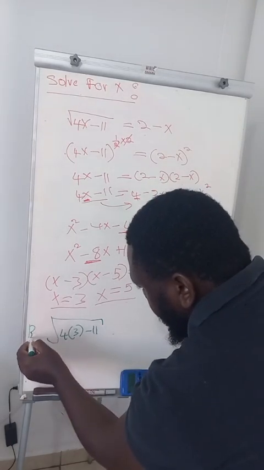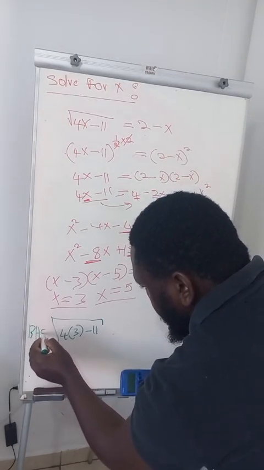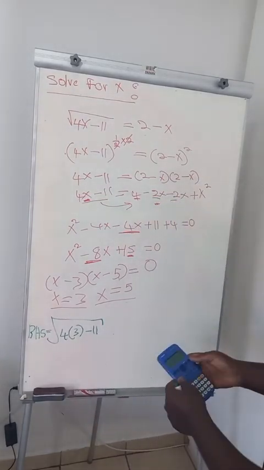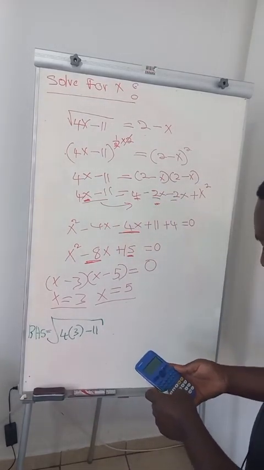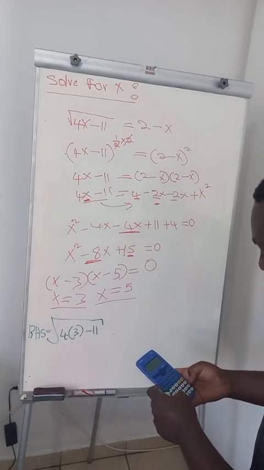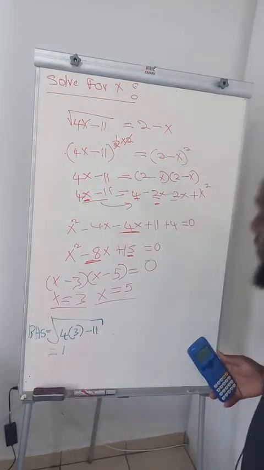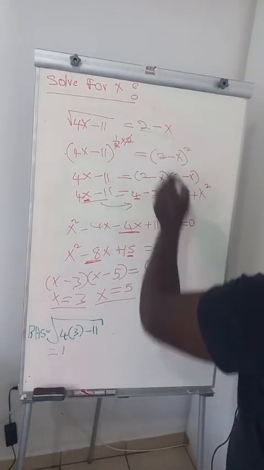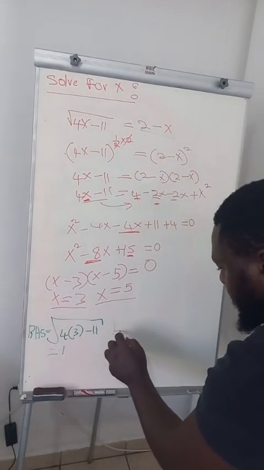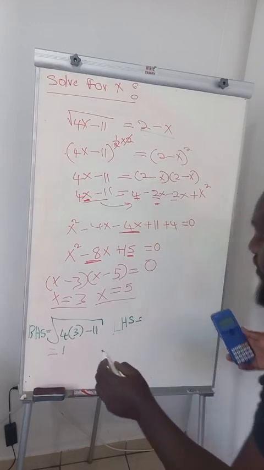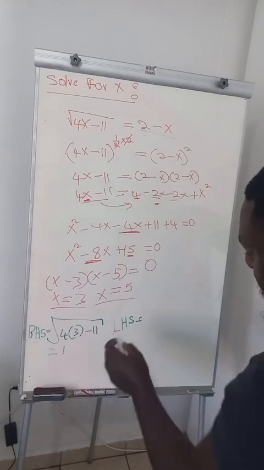Let's say this is the right hand side. If this is the right hand side, how much do you get? You'll see that you will have 4 multiplied by 3 and then minus 11. You see that when you replace, you get a 1. Then now let's test on the left hand side. When we replace with 3, how much do we get?